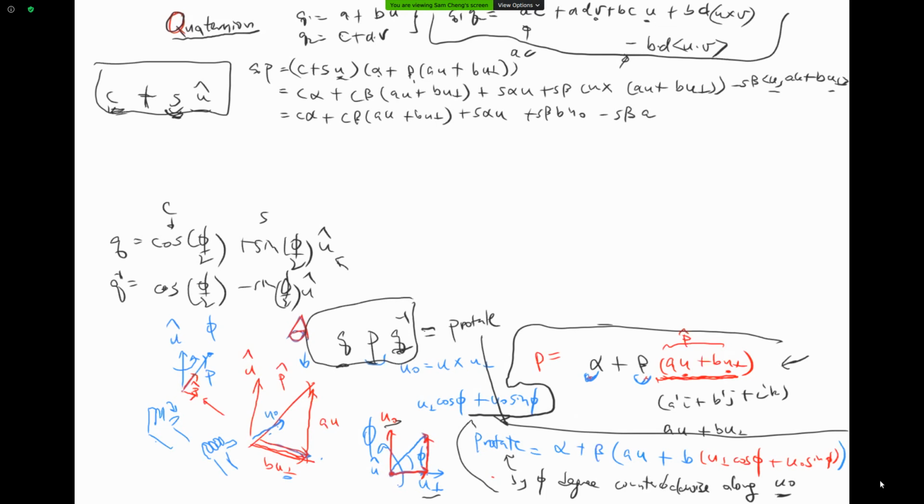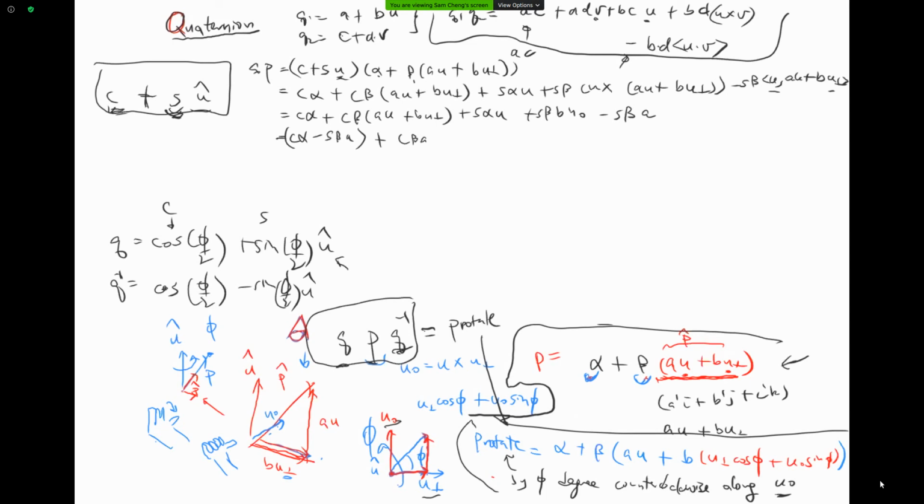Let's see, anything I can actually, so maybe I just group the terms and then I continue. So basically this is equal to C alpha minus S beta A. This is the real term, and then I have C beta A plus S alpha.